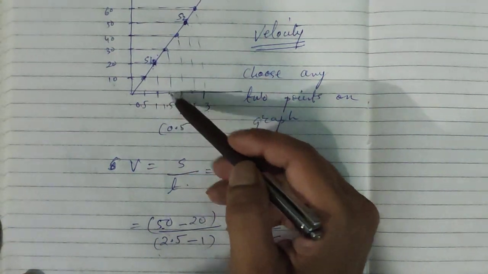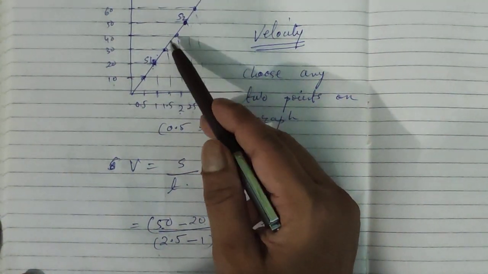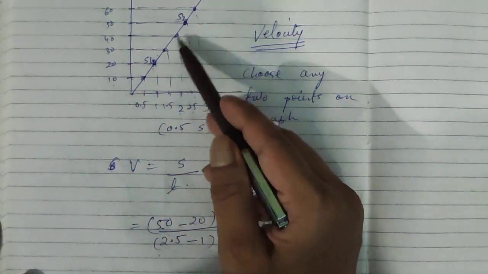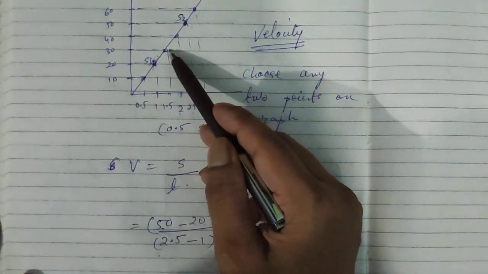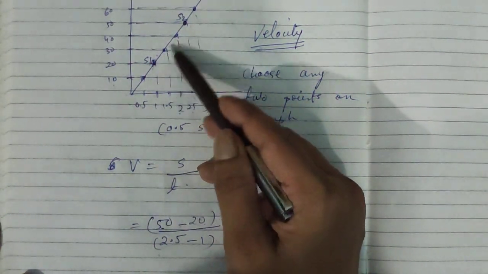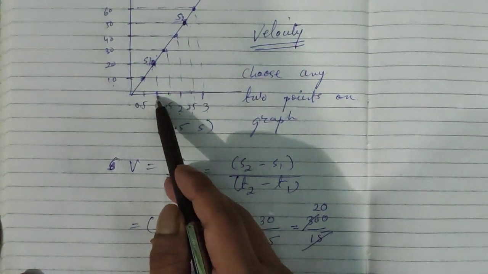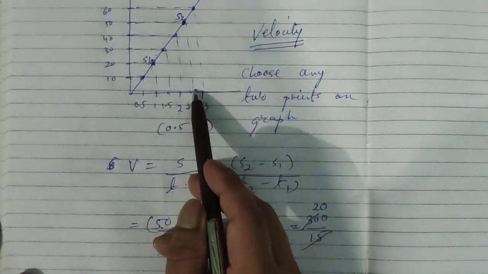So you get the time taken from point S1 to S2, and the distance between S1 and S2 is 30 meters. So 20, then 10, that is 30, then 20, that is 40, and then 30, that is 50. So the distance is 30 meters and time is from 1 to 2.5, that is 1.5 seconds.